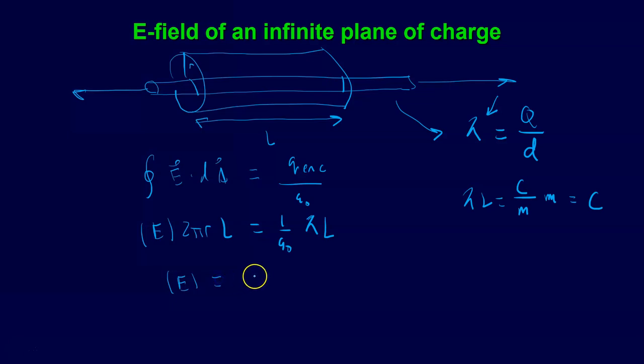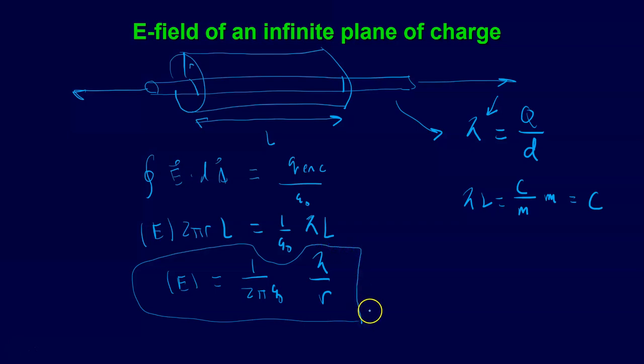And so when I'm all said and done, I get 1 over 2 pi epsilon naught, lambda over r, as the magnitude. You can see that it goes as 1 over r. Coulomb's law goes as 1 over r squared. This goes as 1 over r, and that has to do with the fact that it's an infinite line of charge.